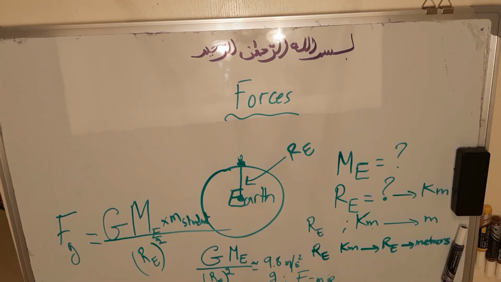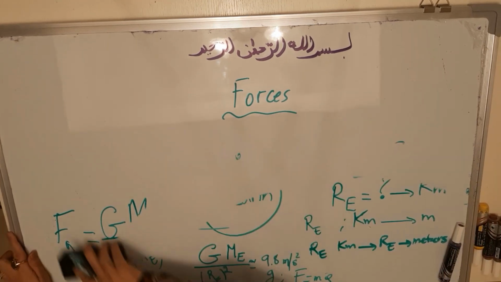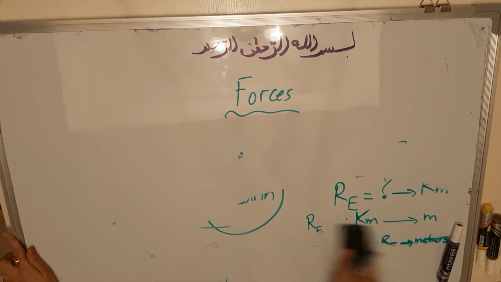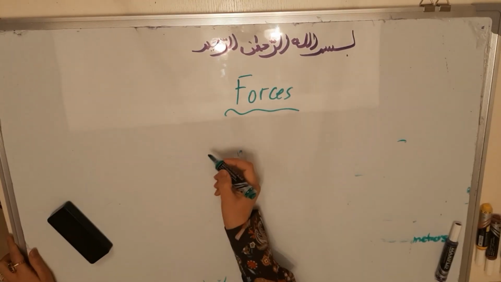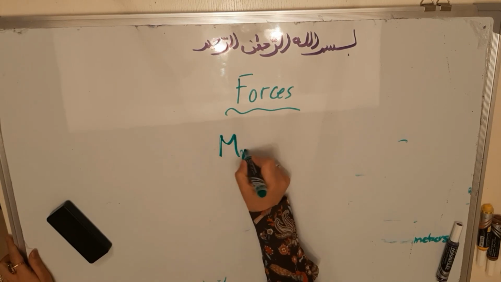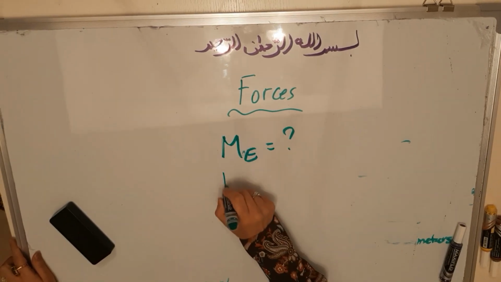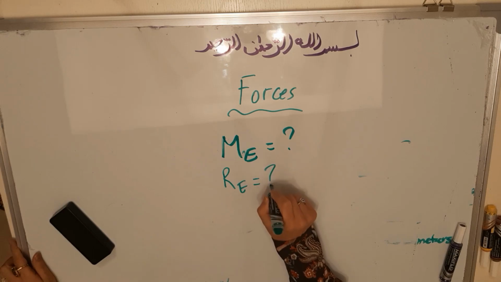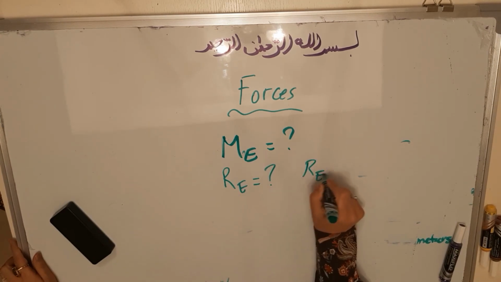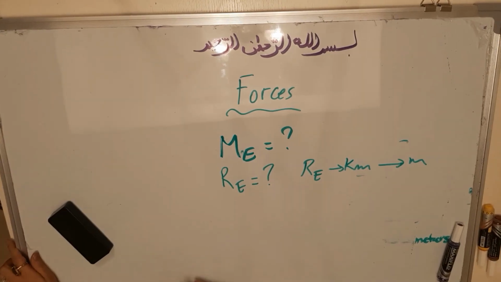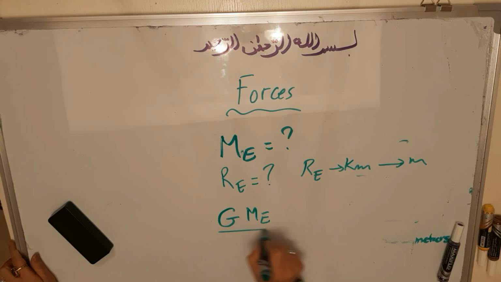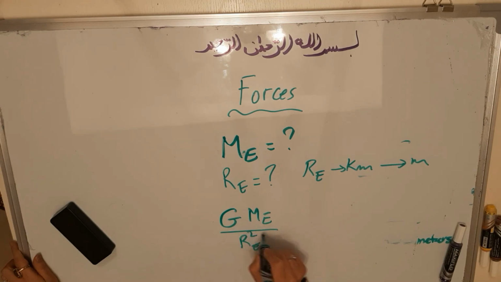So this is what we're going to do tomorrow. This is part of your flipped lesson. I am going to see whether you got ME or not, whether you got RE or not, whether you converted RE from kilometers to meters, and whether you calculated G times ME over RE squared times your mass, the mass of the student.